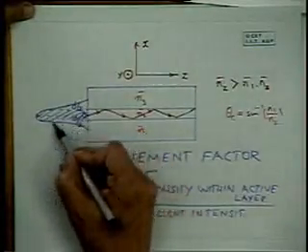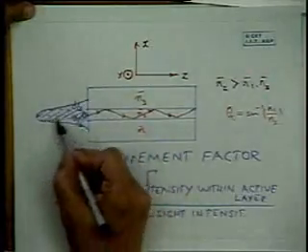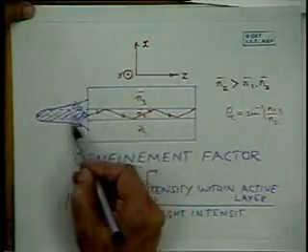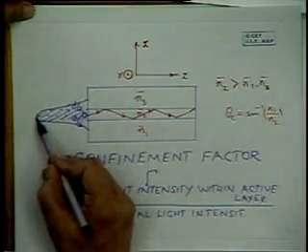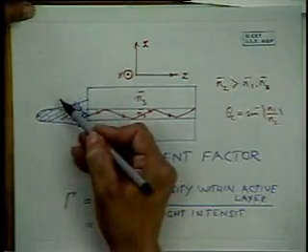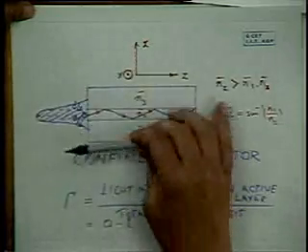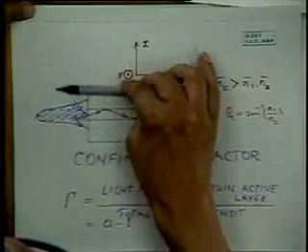You may have multiple maxima as you go in this x direction. The fundamental mode has one maximum, the next higher mode will have two maxima, etc. So you will get different distributions of electric field in this direction.